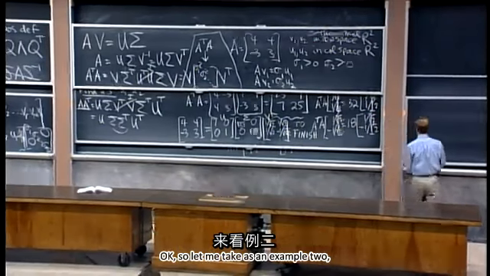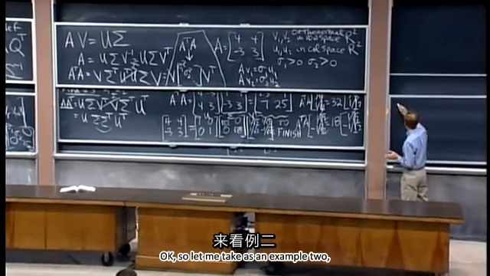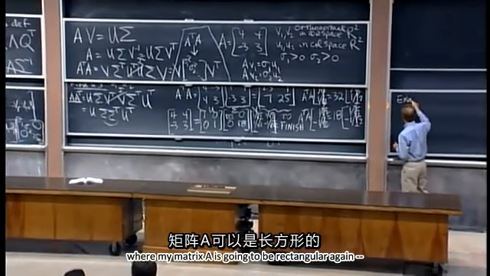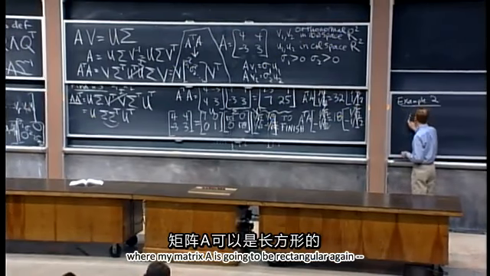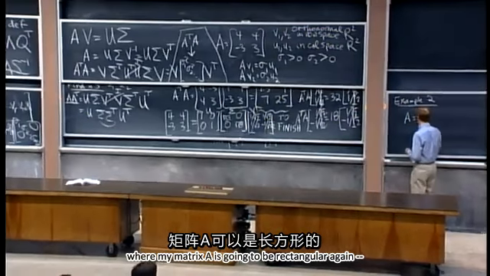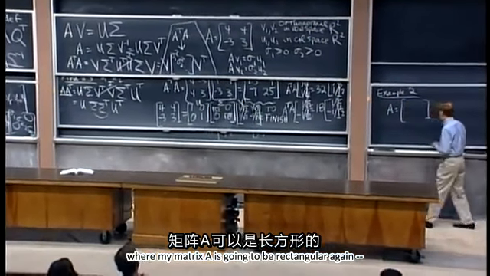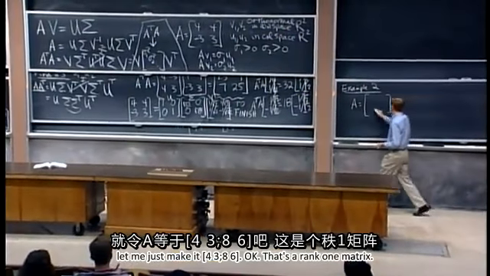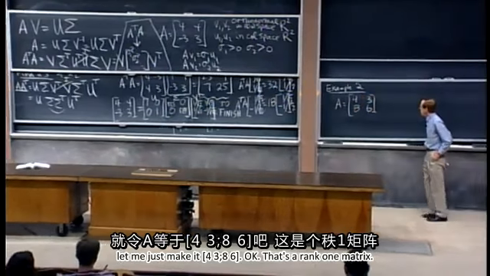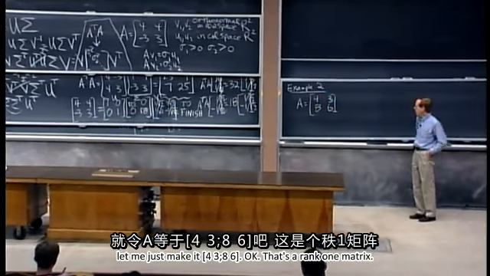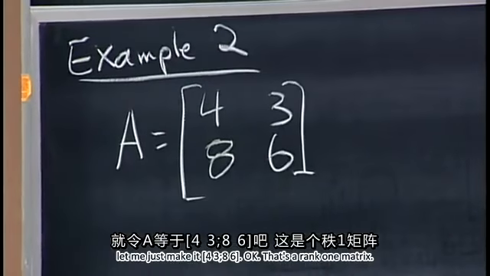Let me take as example 2, where my matrix A is going to be rectangular again. Let me just make it 4, 3, 8, 6. Okay, that's a rank 1 matrix.